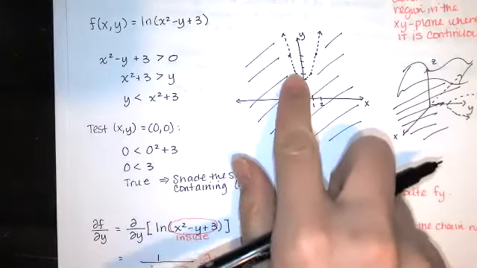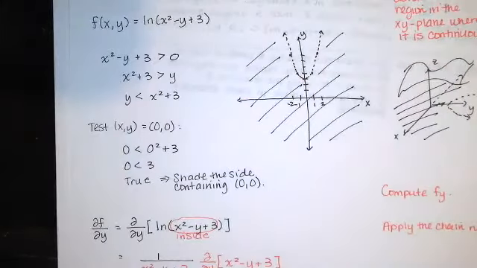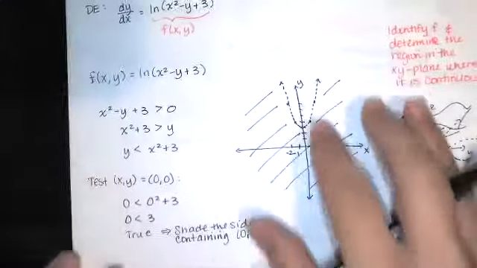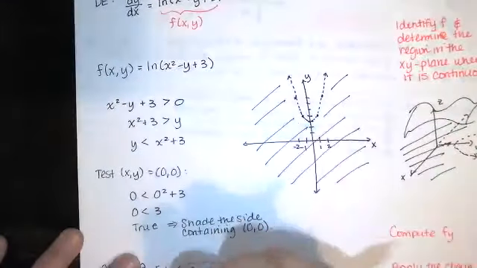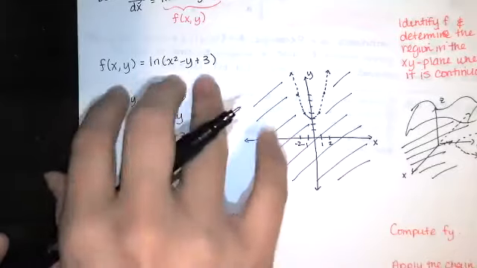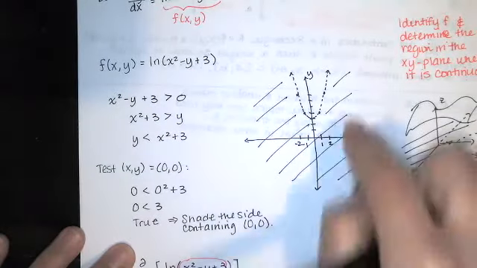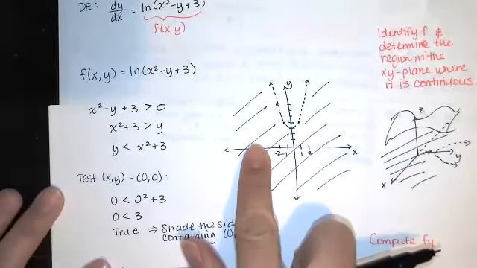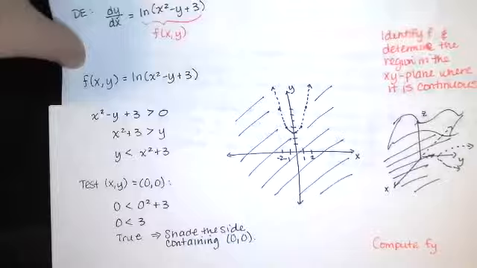If x squared plus 3 was equal to y, we'd be taking the natural log of 0, which is not allowed. Okay, so this is the domain of this function, and the domain and the region in the xy plane where this function is continuous are the same thing. So that's true. And then this also has to be satisfied, and it already is. So it looks like this is our region.